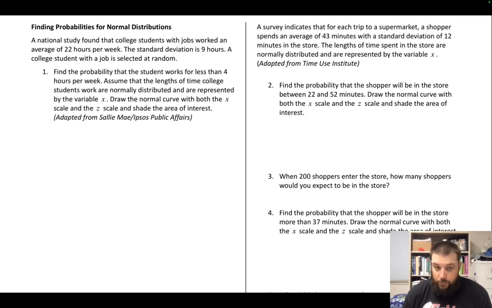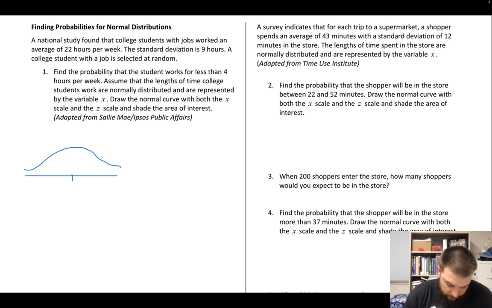We're going to draw a normal curve, just like we were doing in 5.1, with both the x scale and z scale. I'm not super worried about that. I just want it labeled. And ideally, I just do the x because it's going to get found in the z scale once we find our z-score. So we have our average, which is our mean, so that's 22.